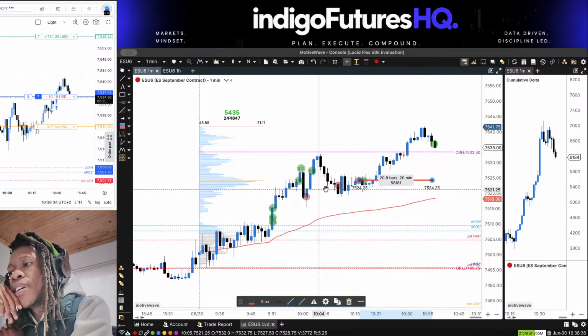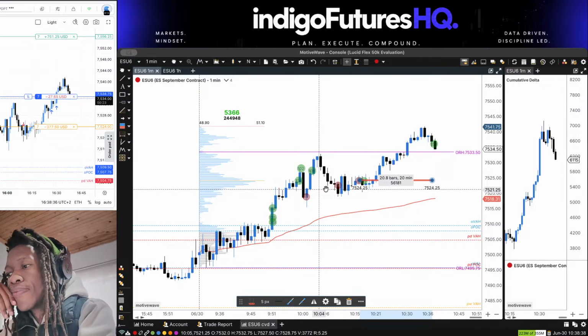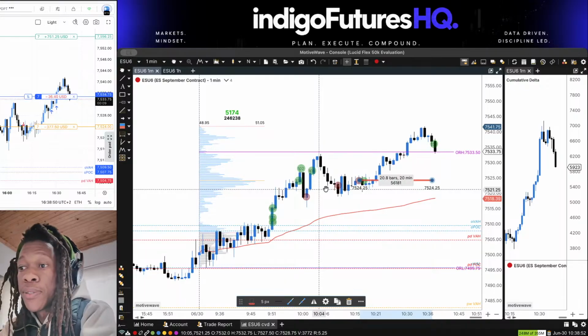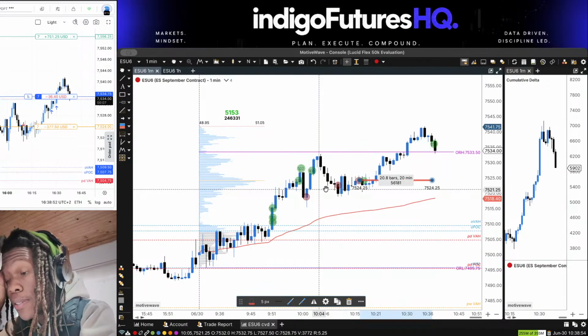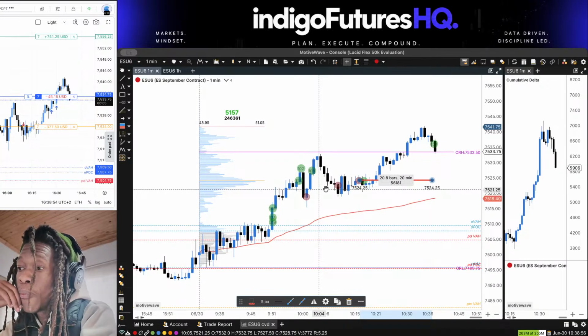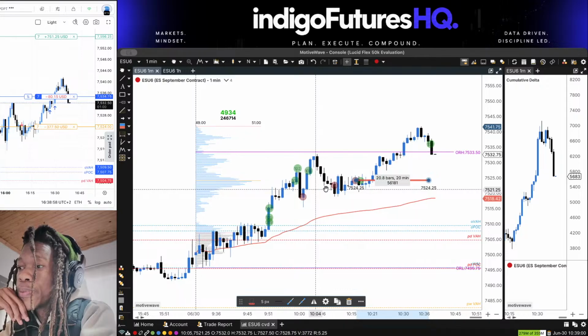It's the retest. That's the retest of initial balance. I need this to hold, otherwise it's goodbye.